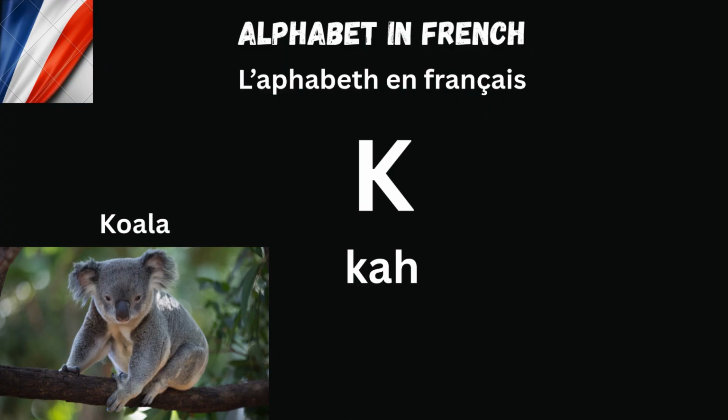So K, which is ka, is for koala. Let's try pronouncing it again in French. Ka, again. Ka, for the last time. Ka, parfait.